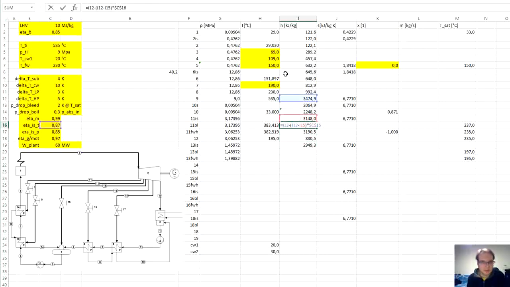For the 11 bleed, for future use, we can lock our state at point number 9. And we can use the same function for the enthalpy of the turbine bleed.